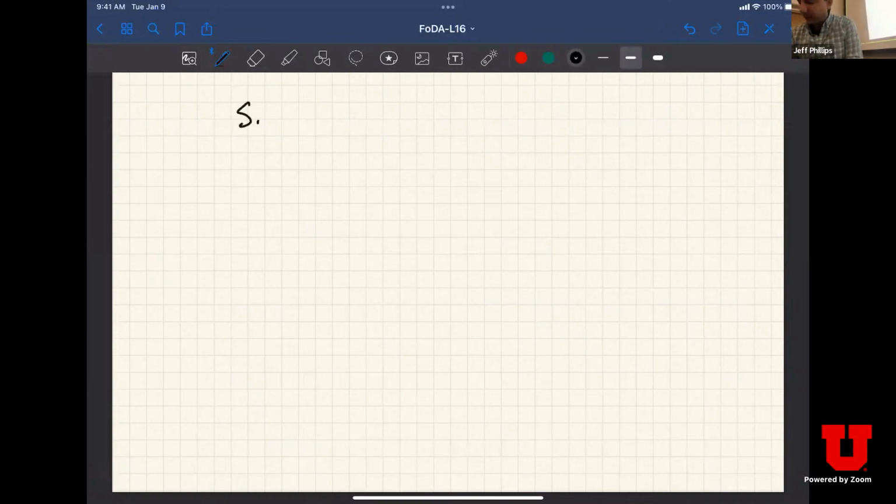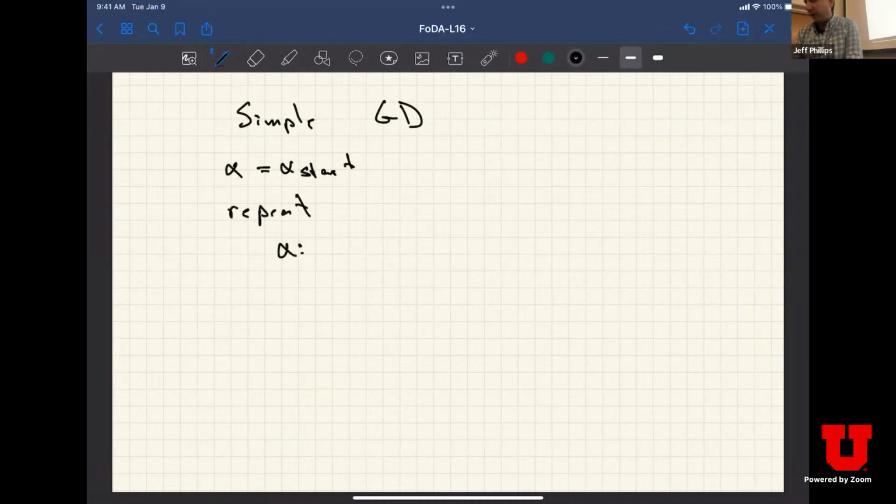So I can just say alpha start, repeat: alpha gets alpha plus the gradient at alpha, or sorry, it should be subtracting, times the learning rate.